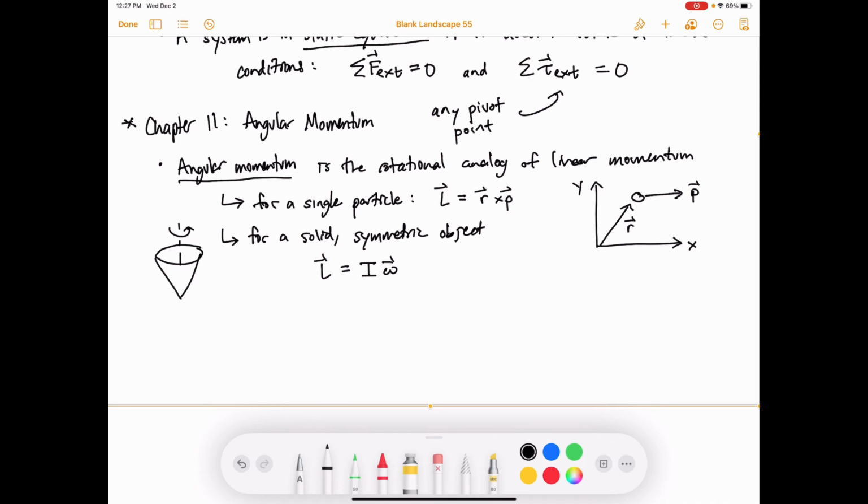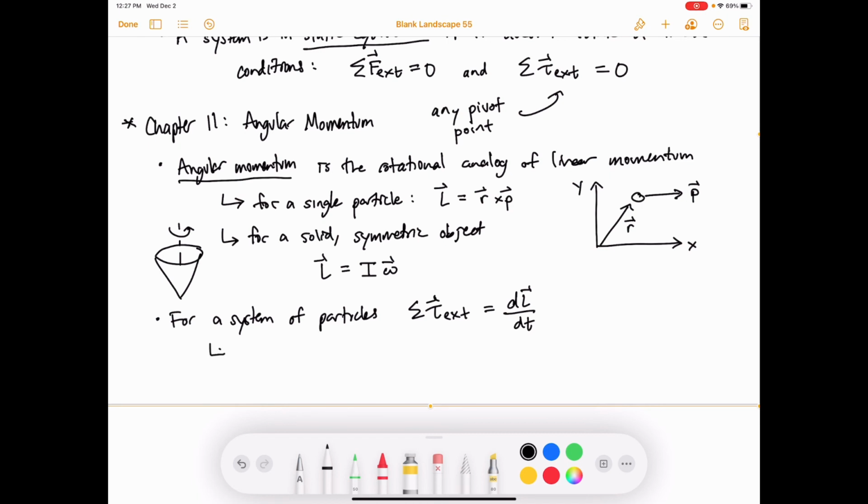Okay, so one really important result that we derived in this chapter is that for a system of particles, the net external torque acting on that system is equal to dL/dt, which is the time derivative of the angular momentum of that system.